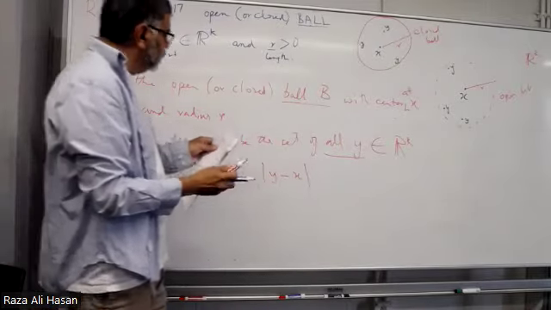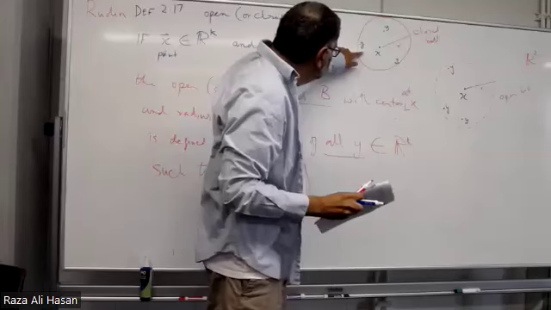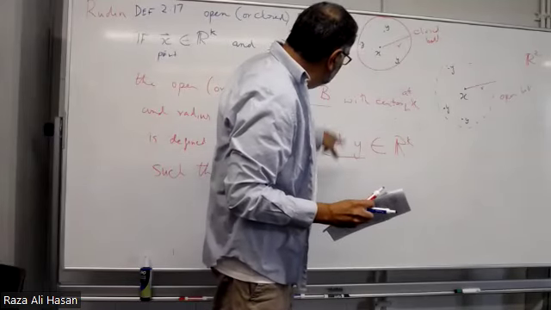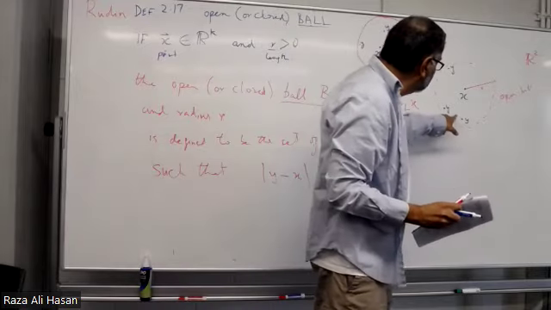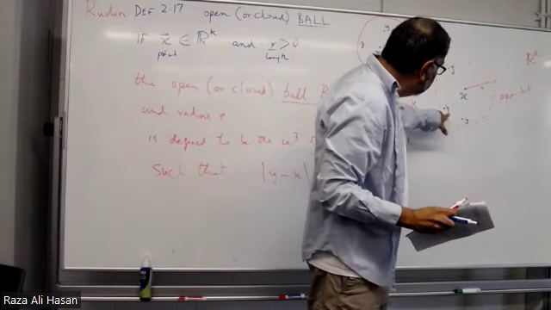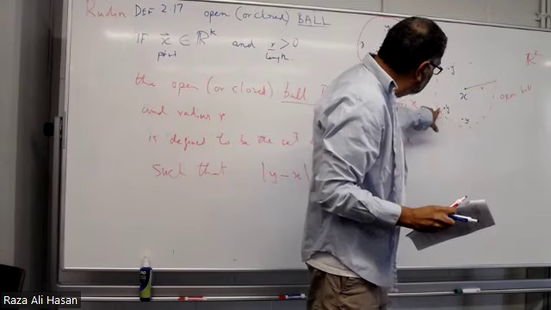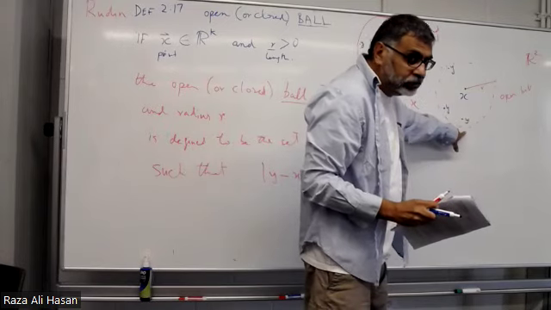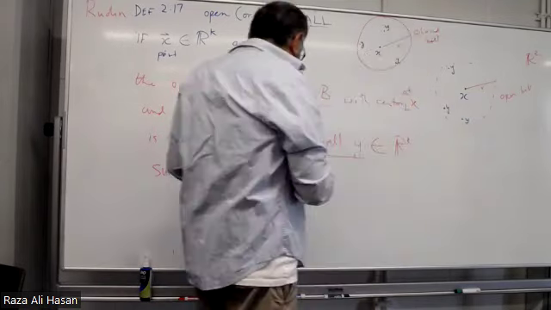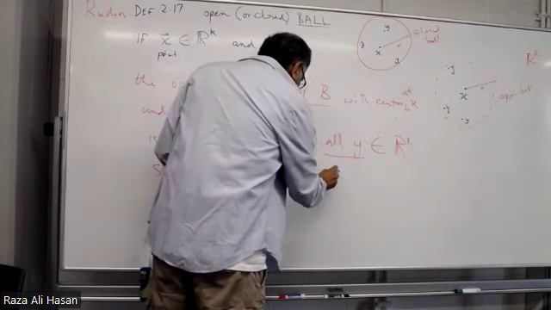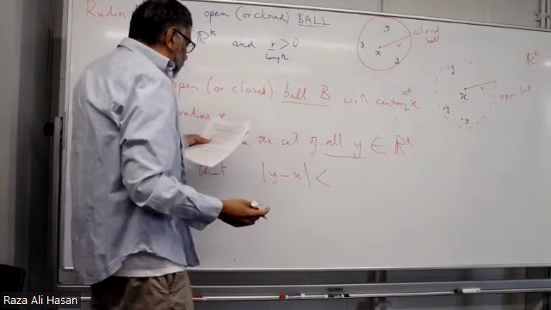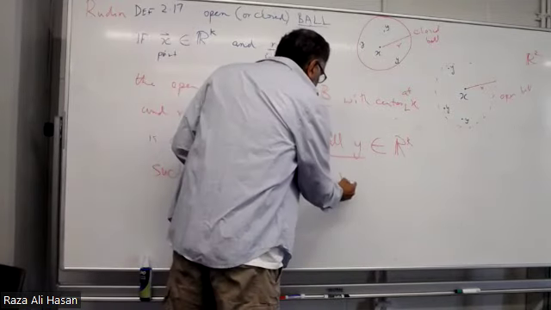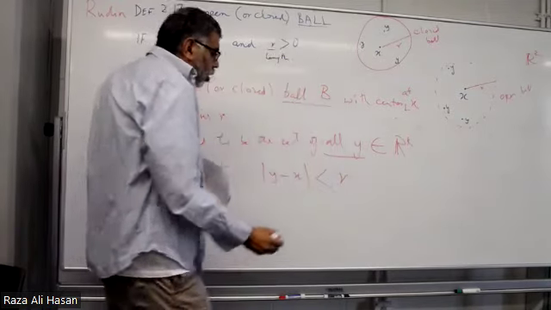So the distance from all y in the closed ball from x, which is the center point, and in the open ball, the y cannot be a point on the boundary, on the circle, is, here comes the exciting part, maybe not, less than r, or less than or equal to r.